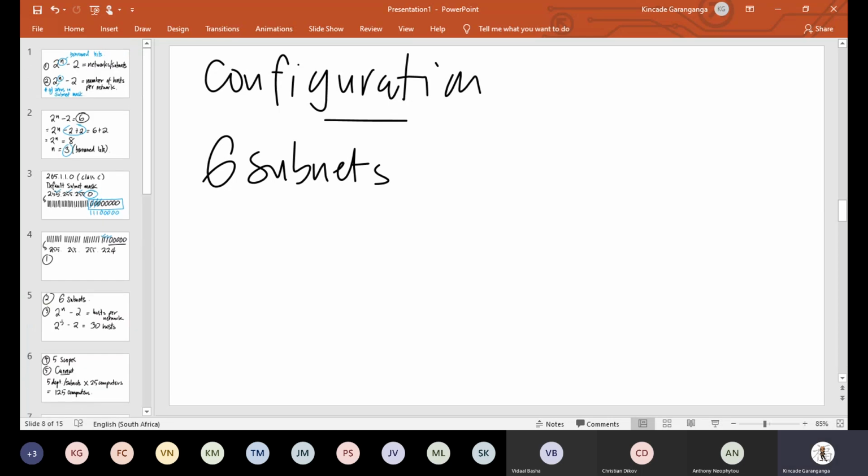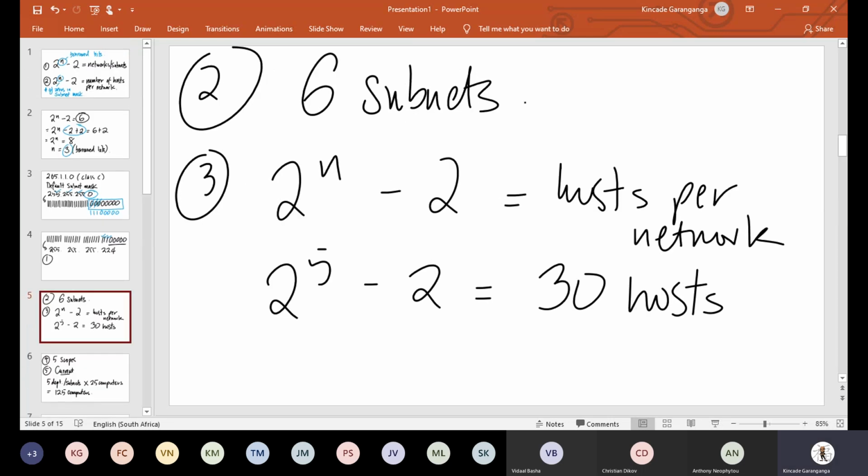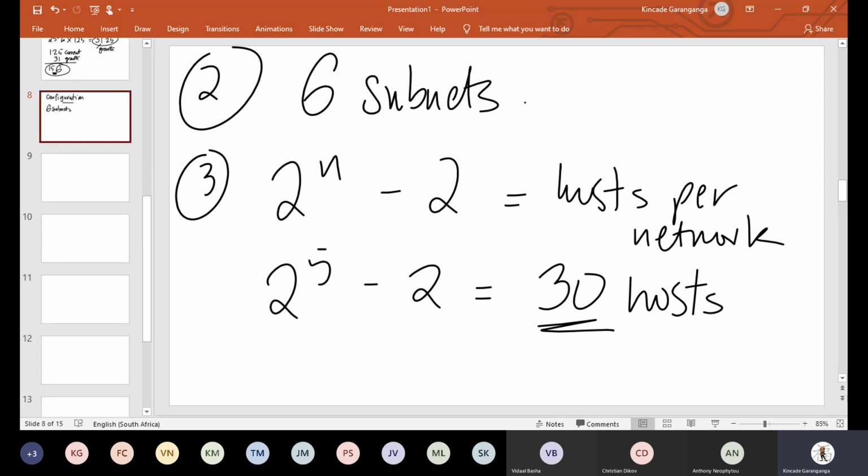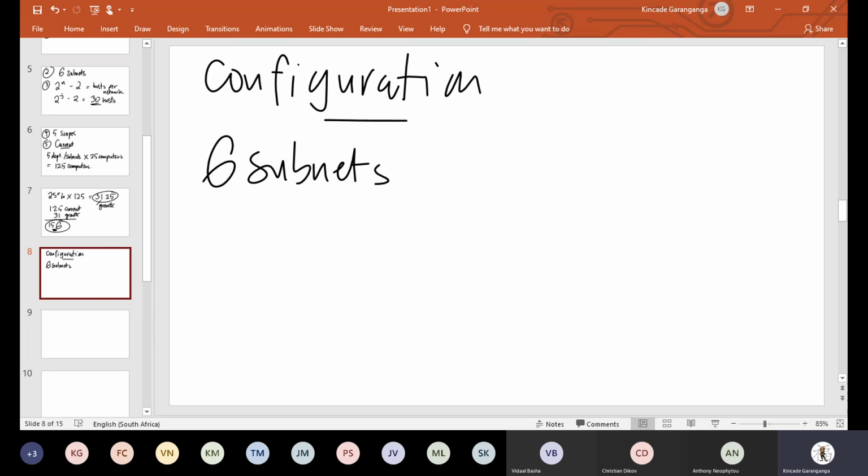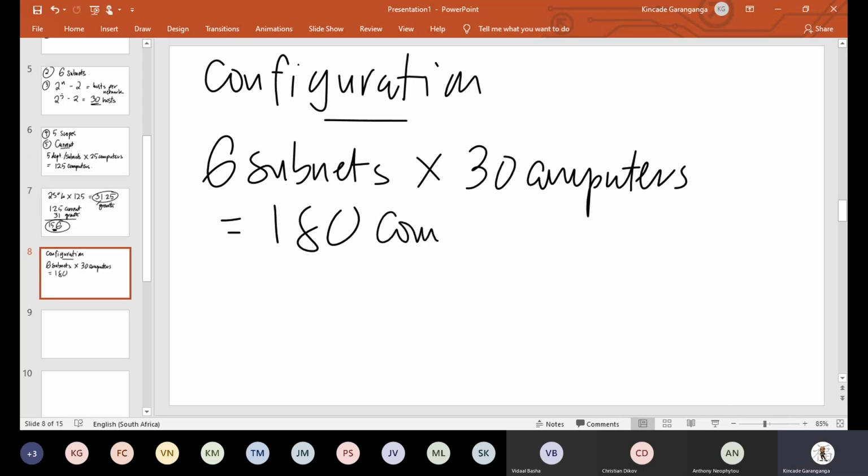And as far as these 6 subnets are concerned, we managed to calculate that we can get a maximum of 30 hosts per subnet, isn't it? So if you go back to our setup, we've got 6 subnets multiplied by the 30 computers, and obviously that should give us 180 computers.